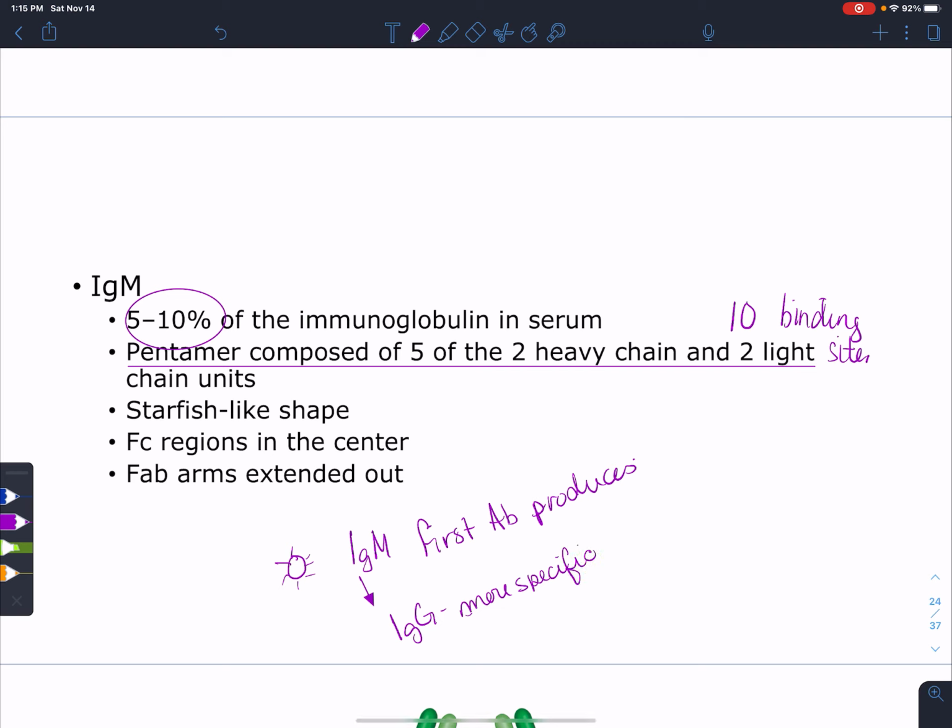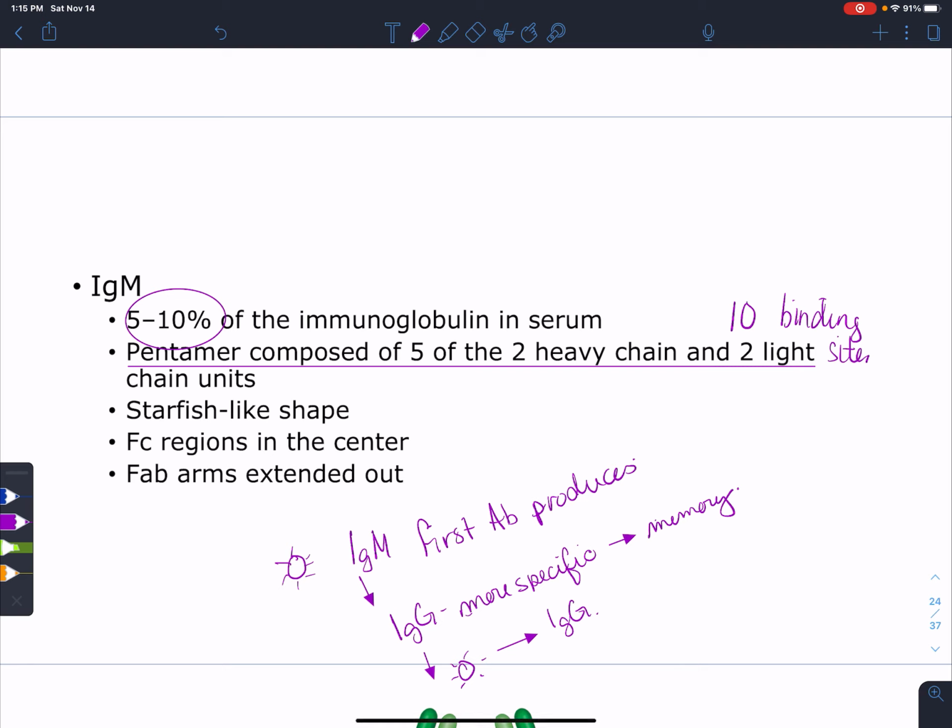And your IgG is part of your memory. So when you are exposed again to coronavirus, you're going to produce IgG as well.